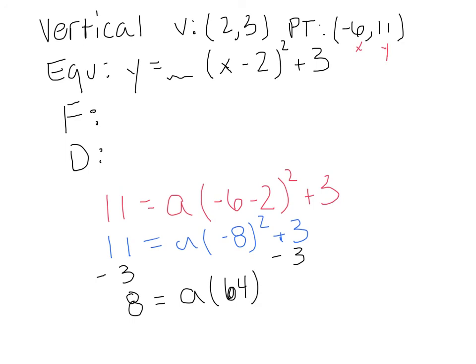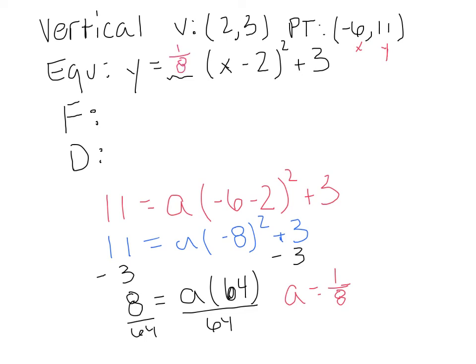Now we just need to do one other thing to find a. We just need to divide both sides by 64. So this gives us our a value of 1/8. Now I can finalize my equation. I can put this into the equation, 1/8.